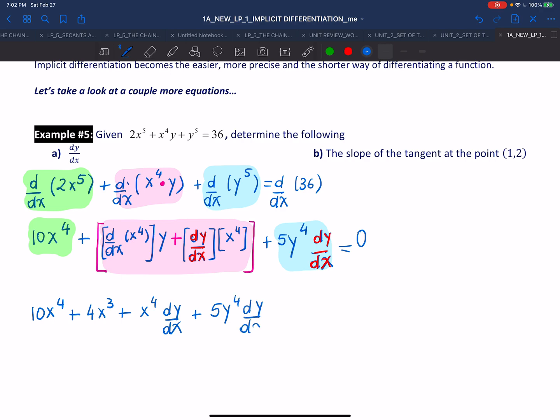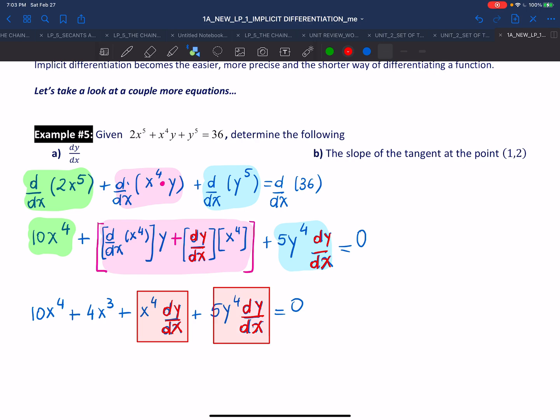Again, I'm going to keep an eye on my variable here, okay? So my variable is dy dx. We have to solve for dy dx, which means we have to isolate it. Now, dy dx is in these two terms. Okay, one in here, one in here.